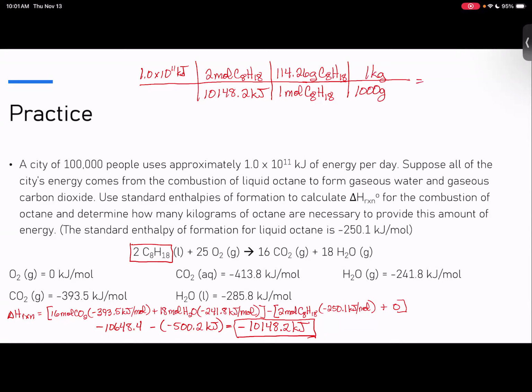So this comes back to that stoichiometry we discussed in the laboratory.